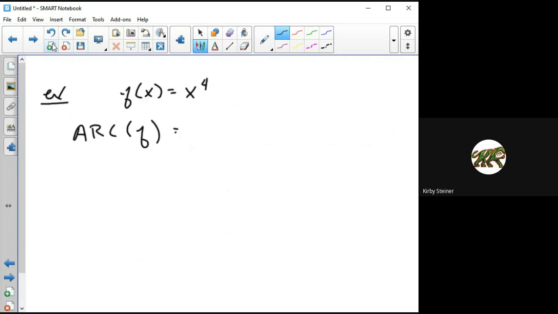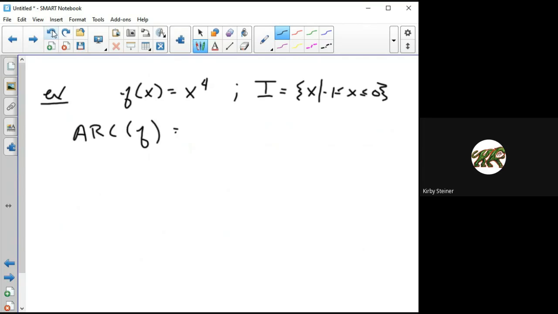Here we're going to let the interval go from -1 to 0.